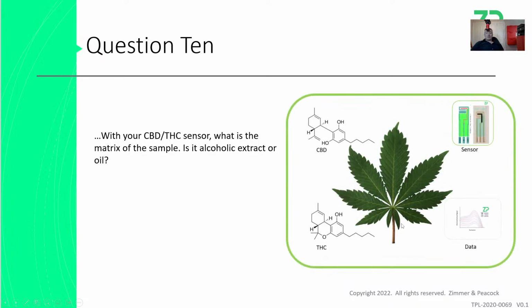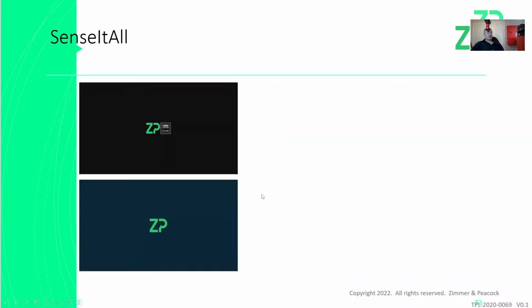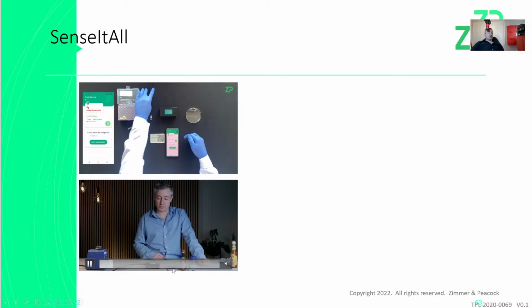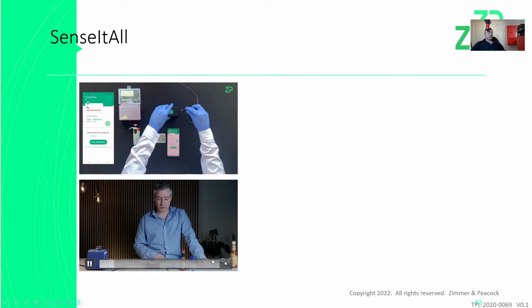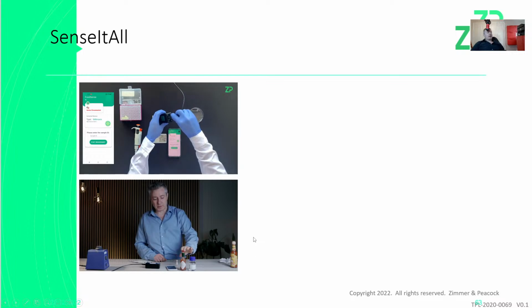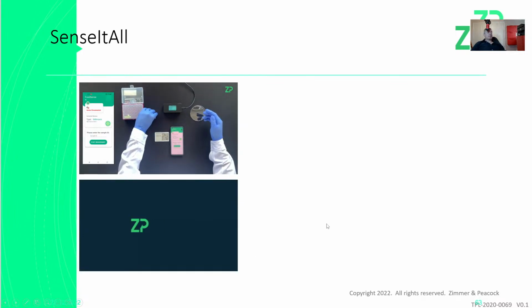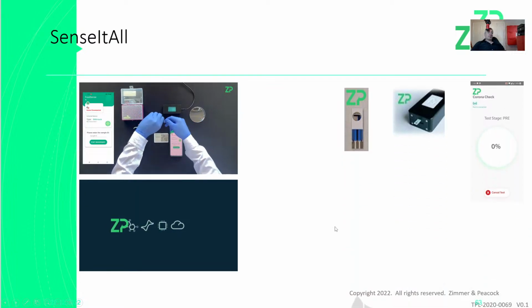We have put some information out there in the past that there was definitely a boom in hemp growing and CBD oil production, and we can test that stuff on our SenseltAll actual platform. Now, what we would do is watch some of our chili videos, because what you'll see is that we take something like a chili sauce and we end up diluting it in a buffer.